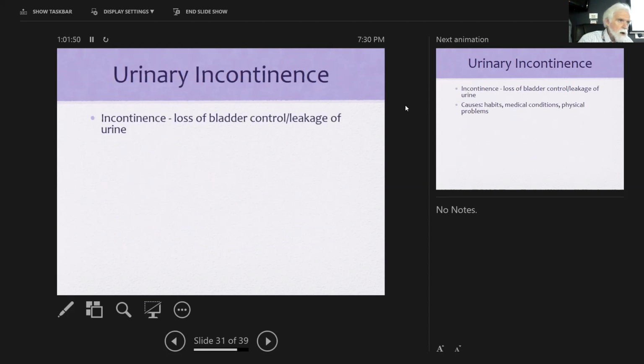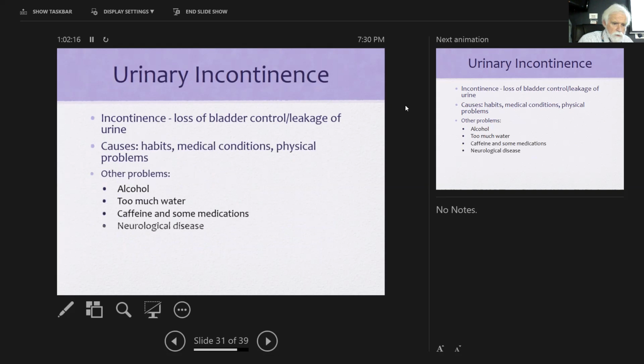A very common urinary tract issue is incontinence. And incontinence can arise from many different sources. Some of them are our own dietary and other habits, medical conditions. There can be physical problems.